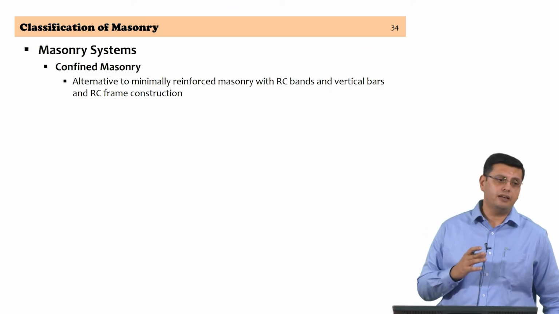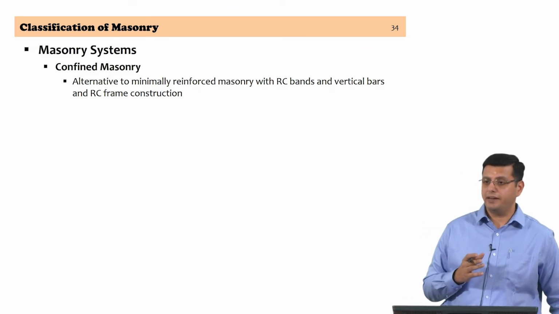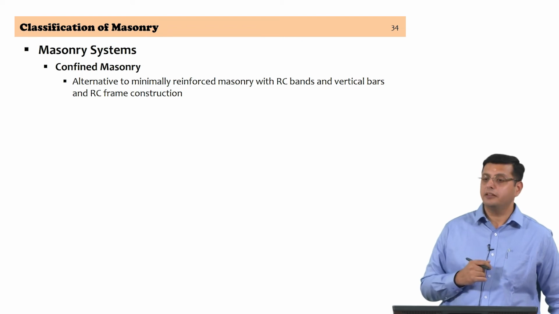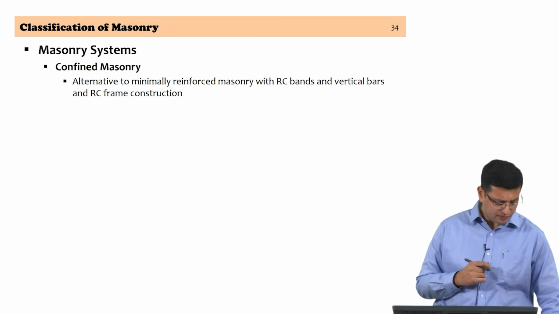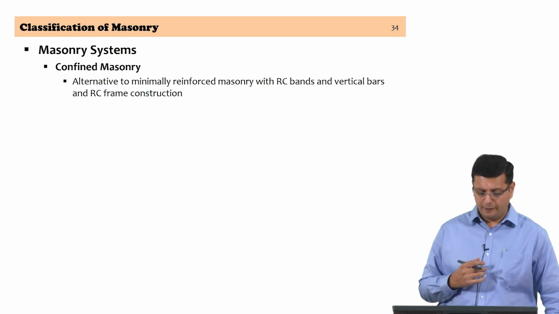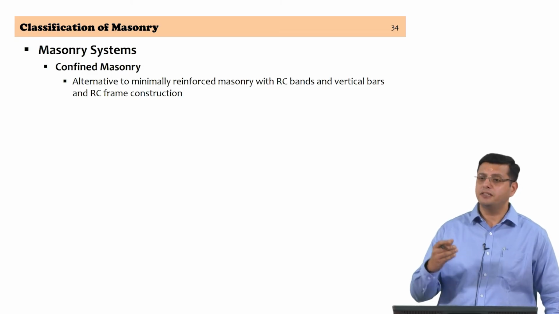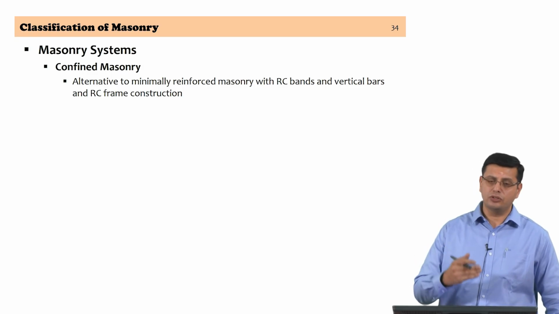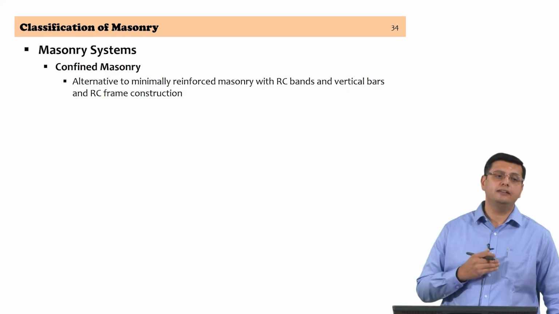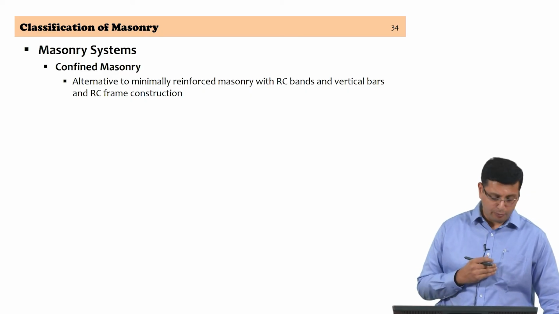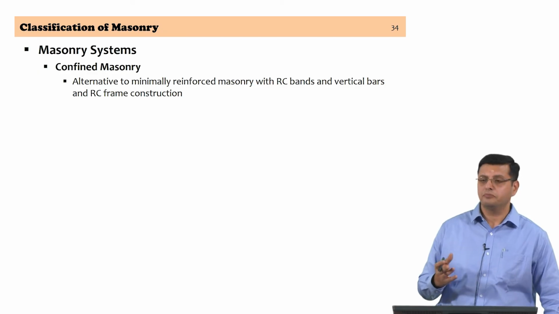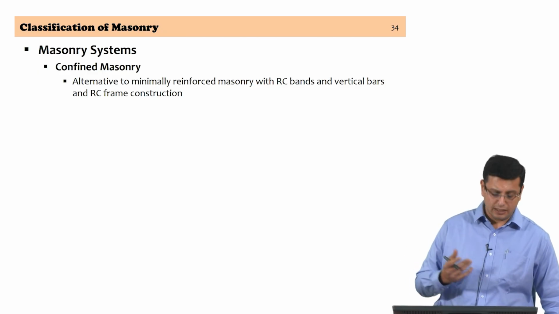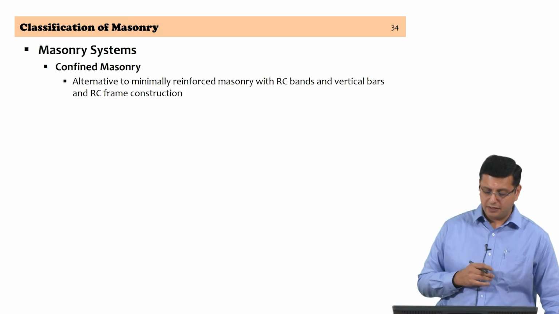In fact, large areas of Latin America have confined masonry constructions. Confined masonry today is again a typology that the code has recognized, and the 2016 version of the code actually has confined masonry as a structural possibility, and is also increasing in terms of numbers in our country as a construction typology.